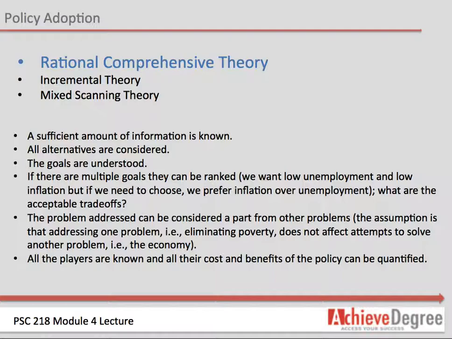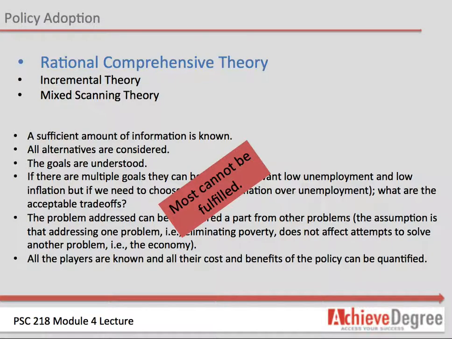This model is highly criticized because most of these assumptions cannot be fulfilled. For example, most policies cannot be isolated. That is, one policy nearly always affects other policies. Reducing pollution might be at the expense of the economy and employment. On the one hand, reducing pollution will benefit one's health.